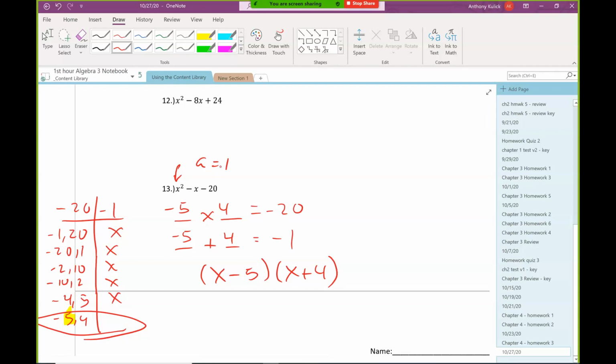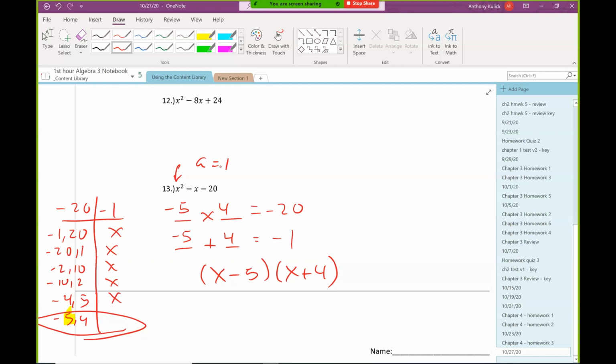I don't have to do the grouping part, unless the leading coefficient is not 1. Joe, does that do it for you? Yep, thank you. No problem.